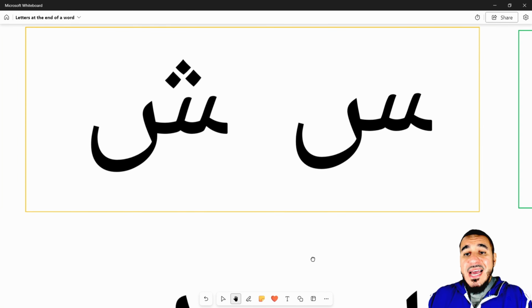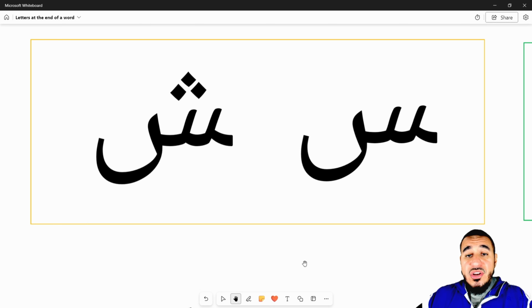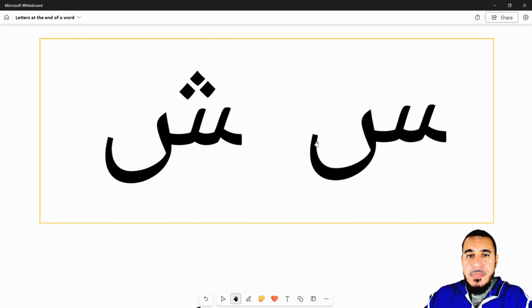The seen and the sheen. So the seen and the sheen, they actually look exactly the same as when they are a solo letter. Remember, we had this big flick here when it was a letter by itself, not connected to any other letters. It had this big flick here in the seen and the big flick there in the sheen.